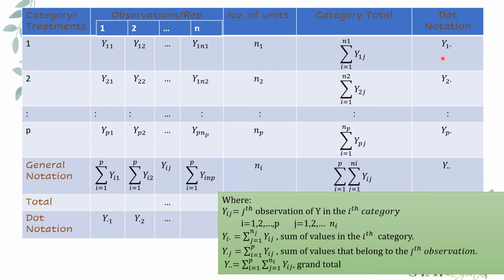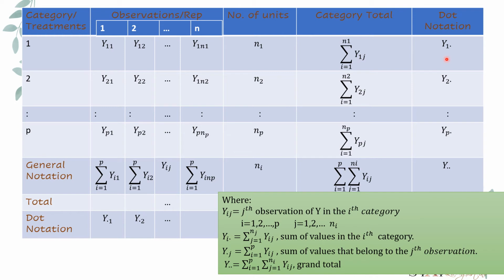Or you can also use the dot notation, if it's hard for you, or to save space and time. For example, y1 dot means the total of treatment 1, that is, all observations from treatment 1.